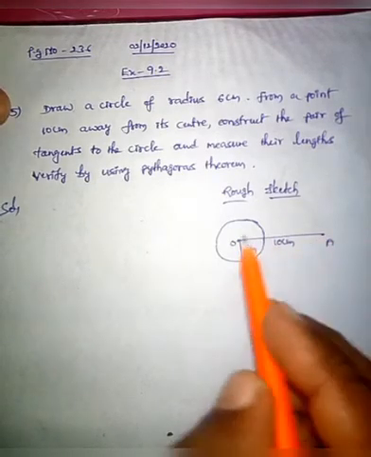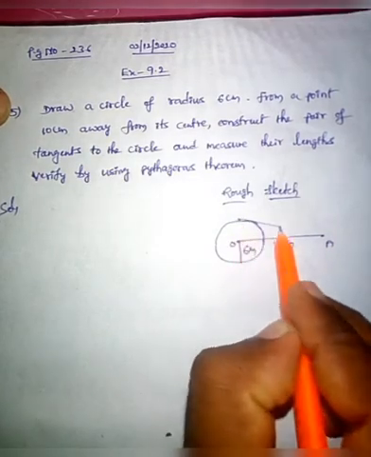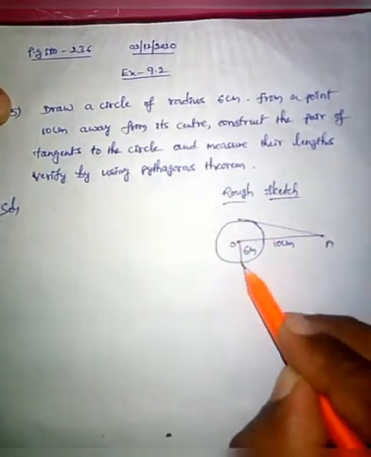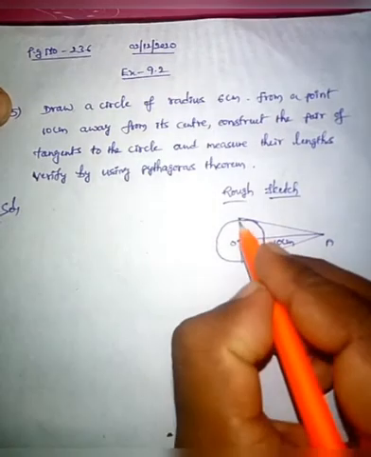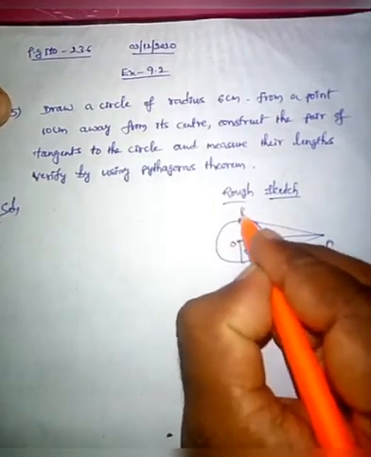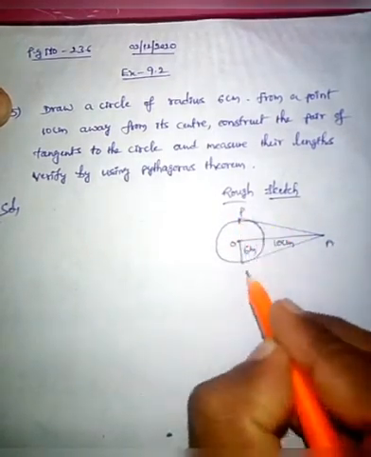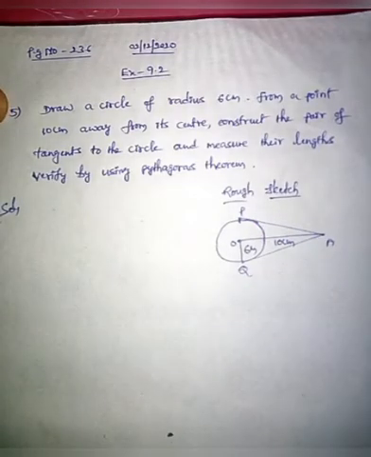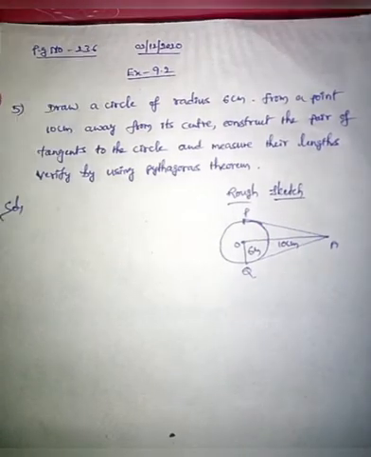From this point we draw the pair of tangents to this circle, and name the first tangent AP and the second tangent AQ. Okay, so this is the rough sketch.